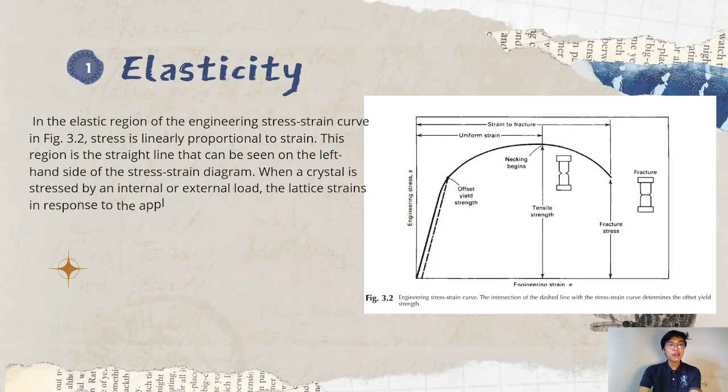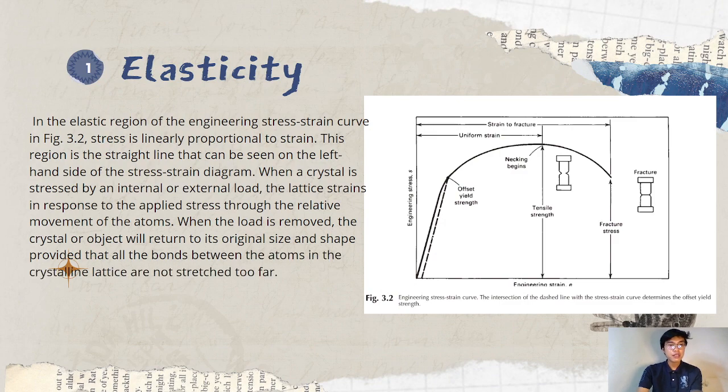Number one, elasticity. In the elastic region of the engineering stress-strain curve in Figure 3.2, stress is linearly proportional to strain. This region is the straight line that can be seen on the left-hand side of the stress-strain diagram.